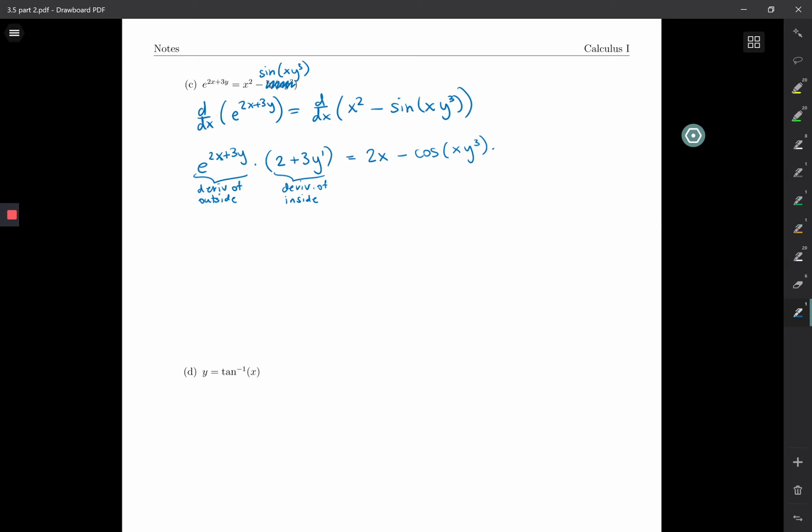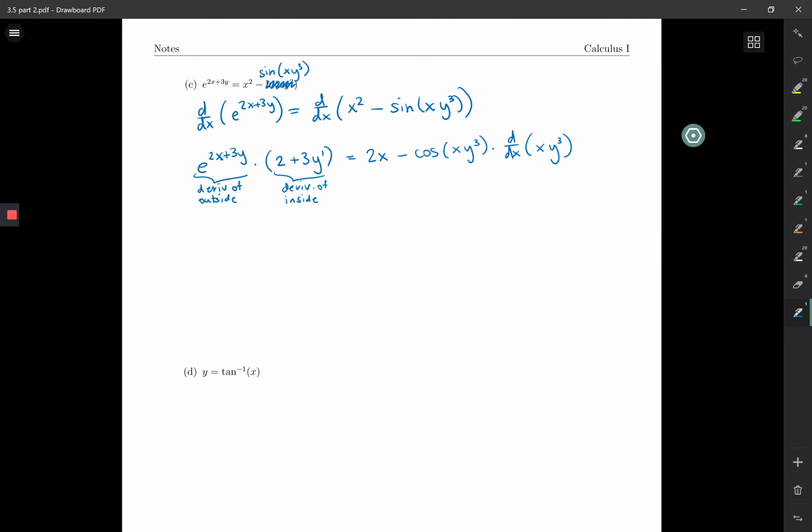Now this is a little bit complicated, so I'm just going to write derivative of x y cubed and deal with that in the next step. See that we have x times y cubed, so this is going to require the product rule, and then also the chain rule because for y cubed, the outside function is something cubed and the inside function is y. So we'll do that in the next step.